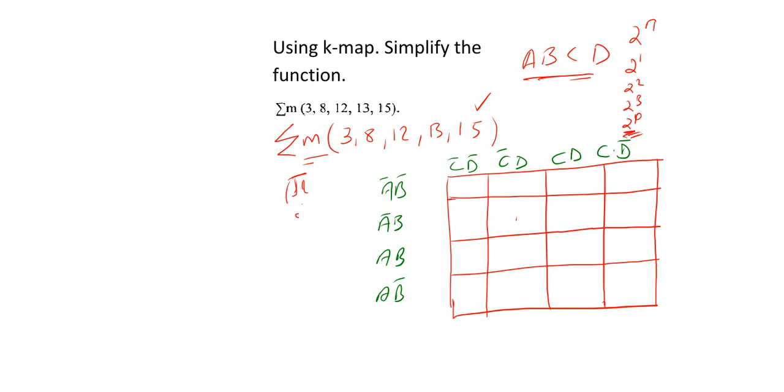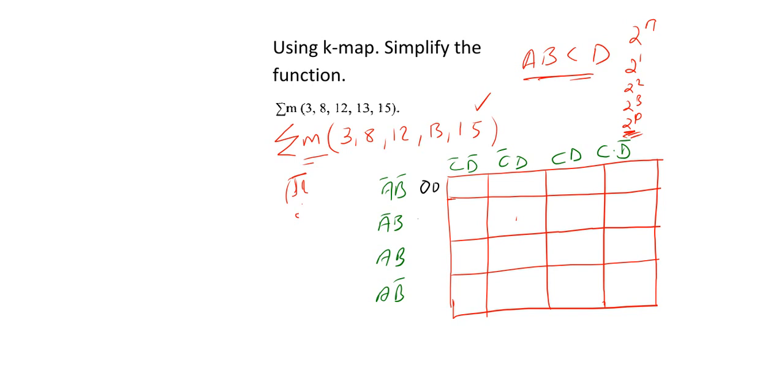The next thing is to indicate the values given in the function. When A and B are indicated as negated, it means they are at 0 logic level. So here they are both at 0.